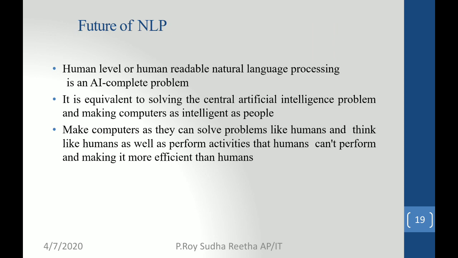And also we can see that human-level or human-readable natural language processing is an artificial intelligence complete problem. It is equivalent to solving the central artificial intelligence problems and making computers as intelligent as people. Natural language processing is one of the booming and trending technologies, useful to solve various artificial intelligence problems.